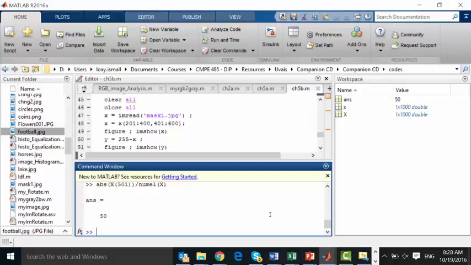Okay? So if you remember, we said before that if I want to get the Fourier transform of a signal that has real values, the resulting Fourier transform will be symmetric around the zero frequency. Okay?